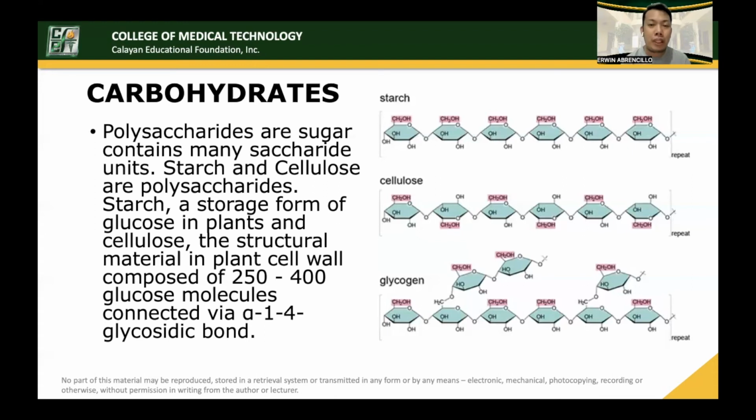It must be converted first to glycogen so that it can be stored. So that's why the excess glucose from the blood is stored as glycogen. And then when the blood needs it again, the liver will release the glycogen in the form of glucose again in the blood, to be used by the cell to form ATP, or adenosine triphosphate.